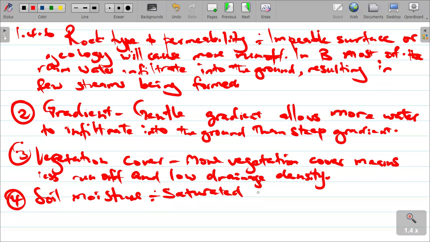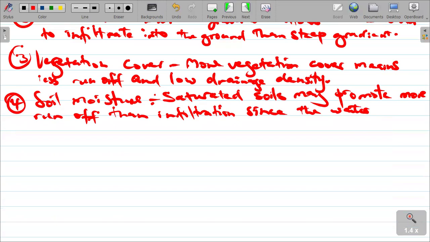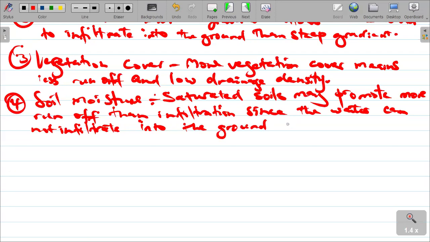We are saying saturated soils may promote more runoff than infiltration, since the water cannot infiltrate into the ground than dry soils.